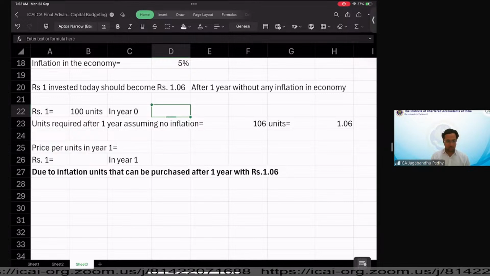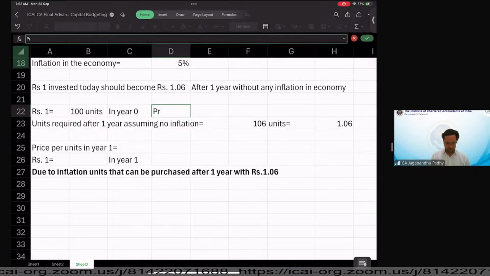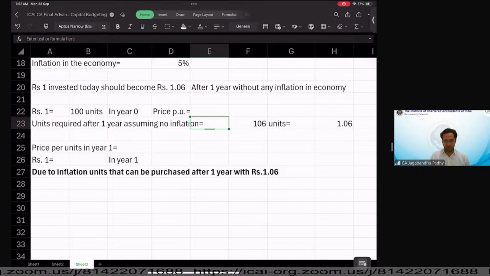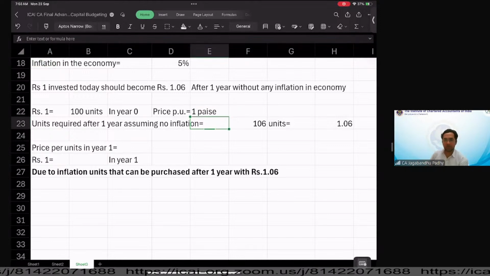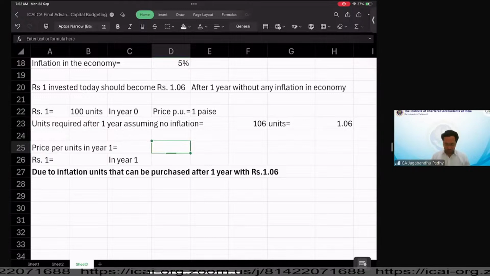Because earlier, in year 0, we had price per unit as 1 paise. Correct? Price per unit was 1 paise. Now, since there is an inflation, the price per unit will be 1.05 paise.